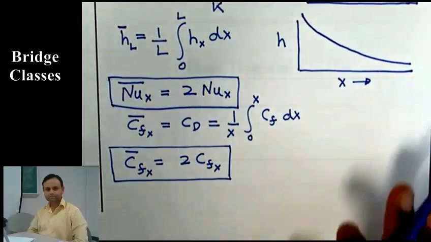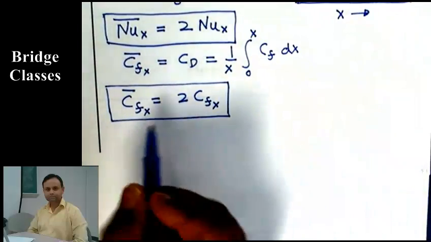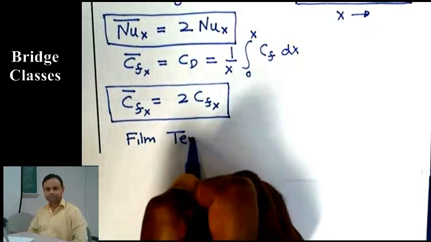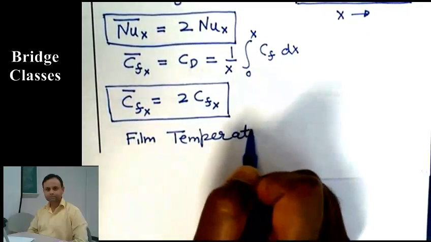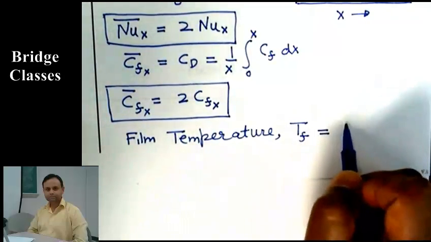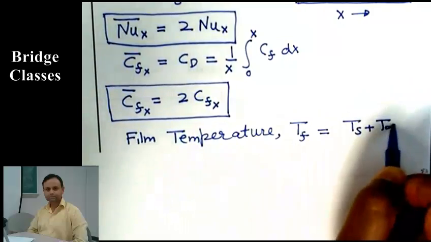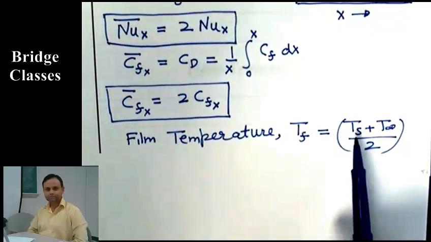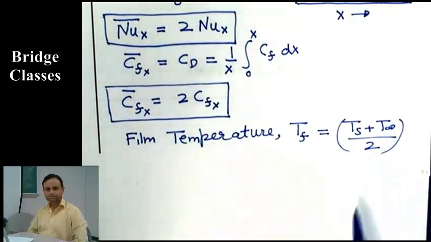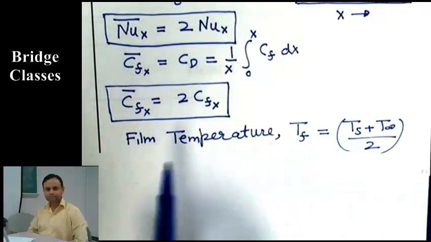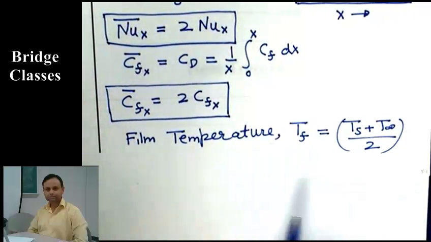Are they applicable? It turns out that if we use what is called film temperature, which we write as TF, and this is the average of the surface and T infinity temperature, and read properties at this temperature, then these correlations turn out to be in excellent agreement with experimental data.